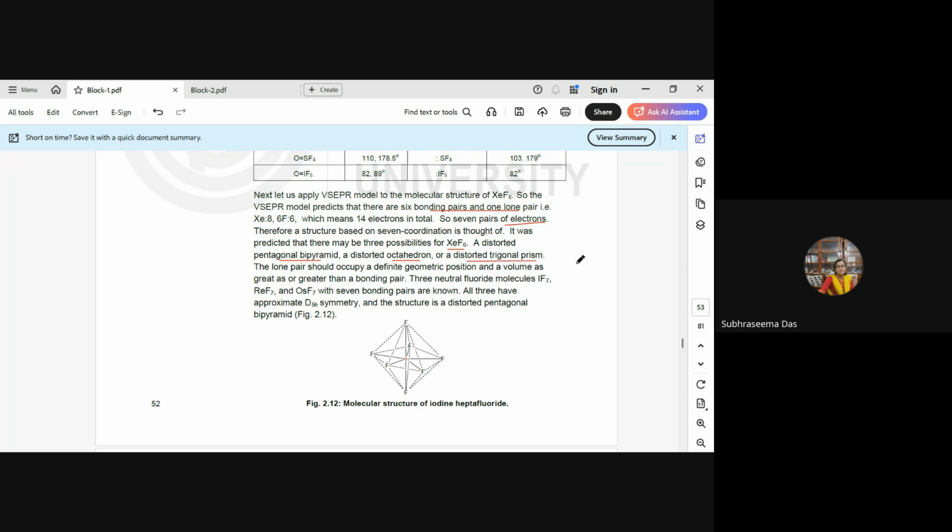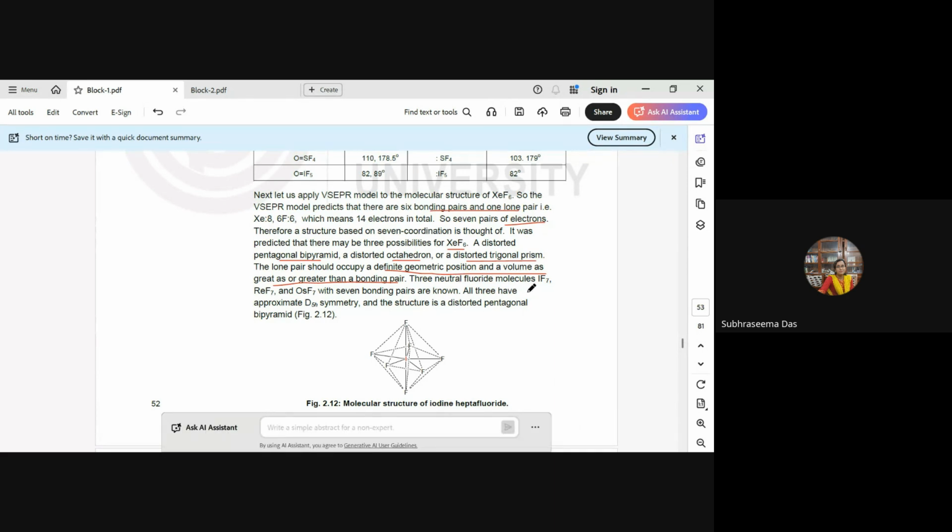Then the position of the lone pair was taken into account. The lone pair should occupy a definite geometric position and a volume as great or greater than that of a bonding pair. We know that the angular volume of a lone pair is very high. So that is why the lone pair should always be given a proper geometric position. 3 other neutral fluorides, that is IF7, rhenium heptafluoride, and osmium heptafluoride with 7 bonding pairs are also known.